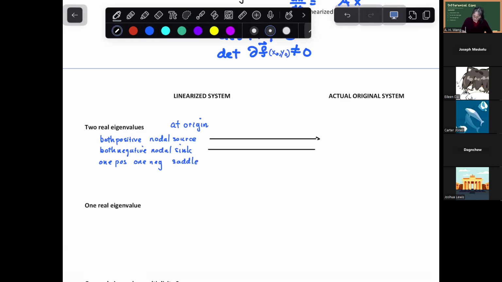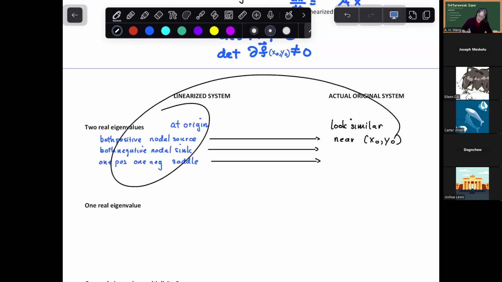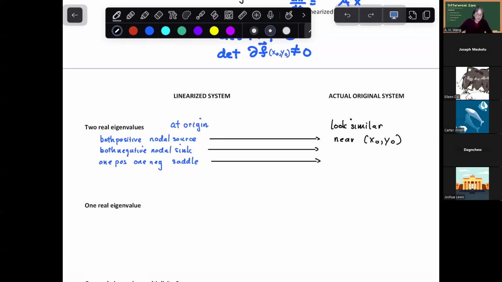So what's going to happen is in your original system nearby, they're going to look similar. Near the x naught, y naught, which is the origin on this side. Okay, so that's the idea.